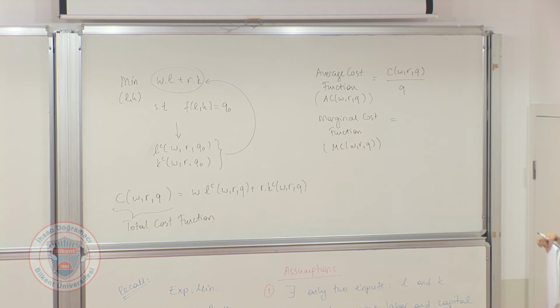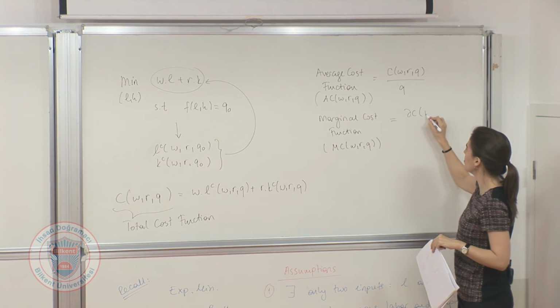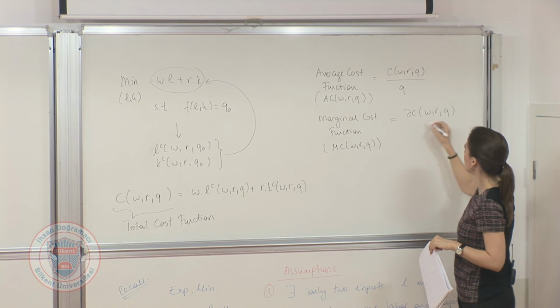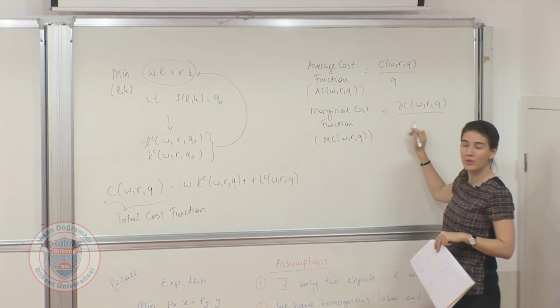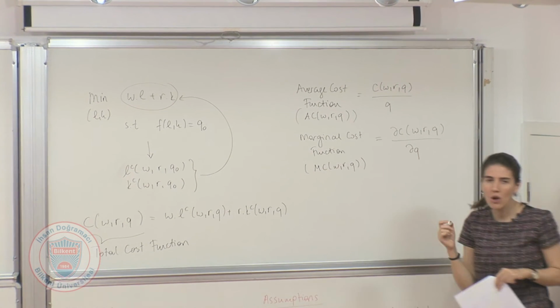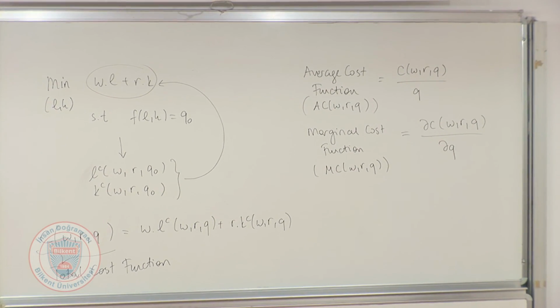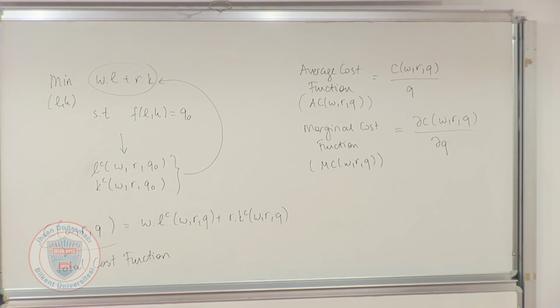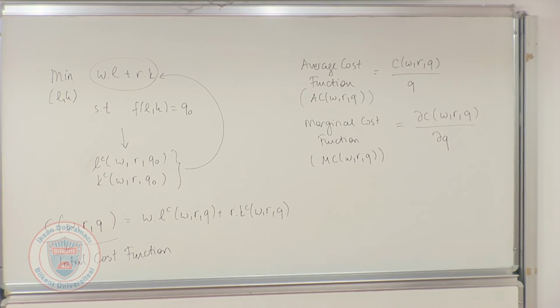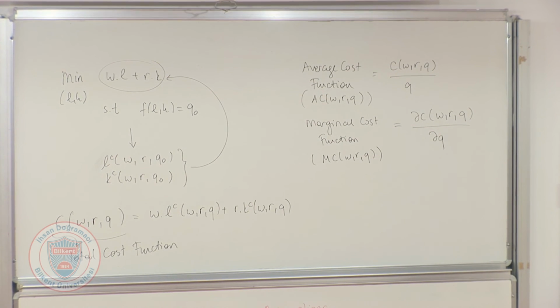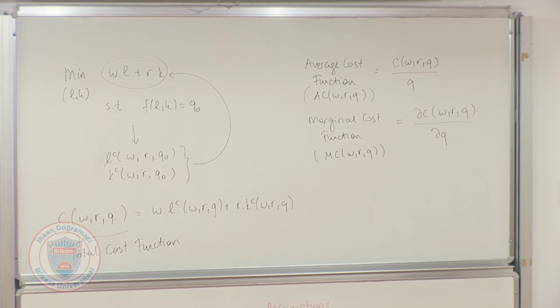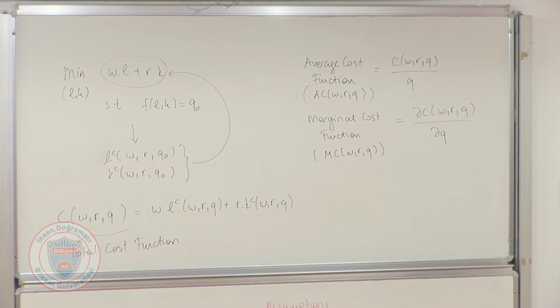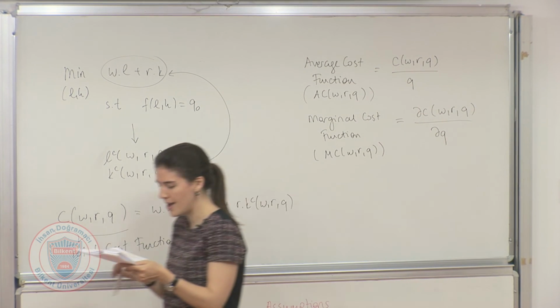It's the derivative of the total cost function with respect to Q. Marginal cost means, if I would like to produce one more unit of output, how much will it cost extra? What would be the contribution to the total cost? So this is the marginal cost function.